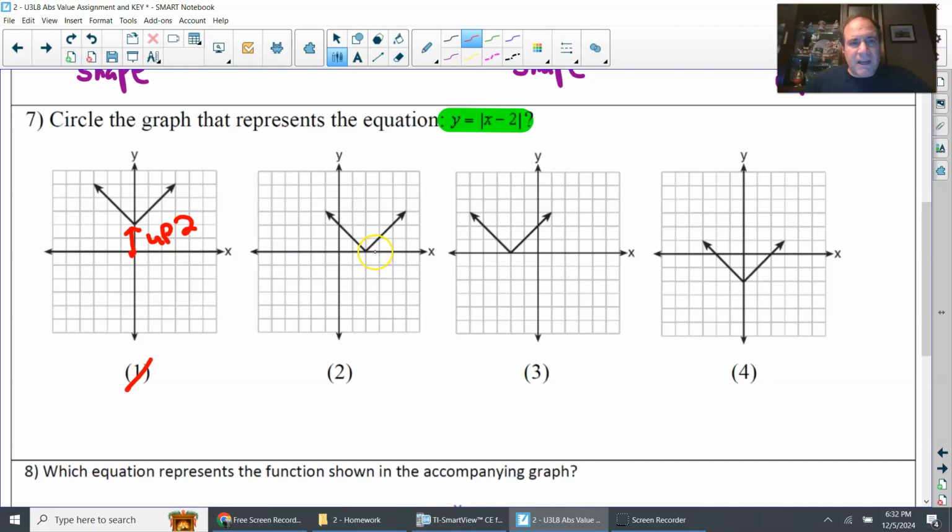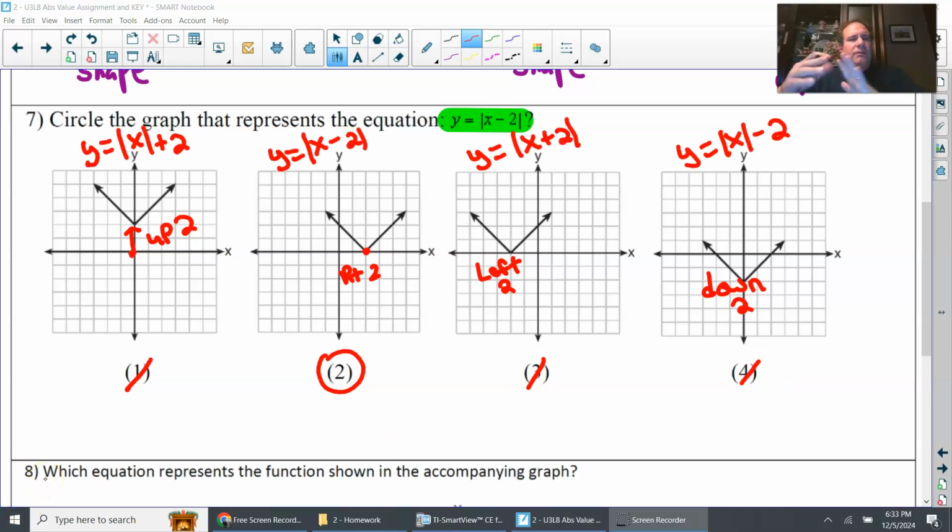Right? This goes right 2. This is it. This is left 2. That's out. And this is a V shape that goes down 2. And that's out.